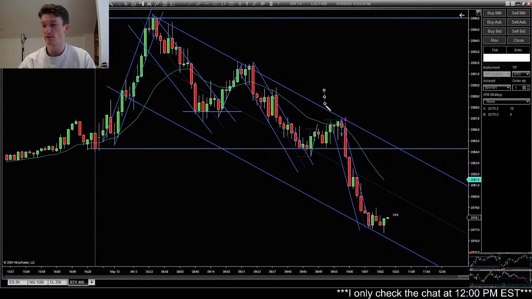So I think the main thing to look for here is that this wasn't a strong push through the EMA. It is close to the EMA, but it's not a strong push through the EMA. So that's probably the culprit there.